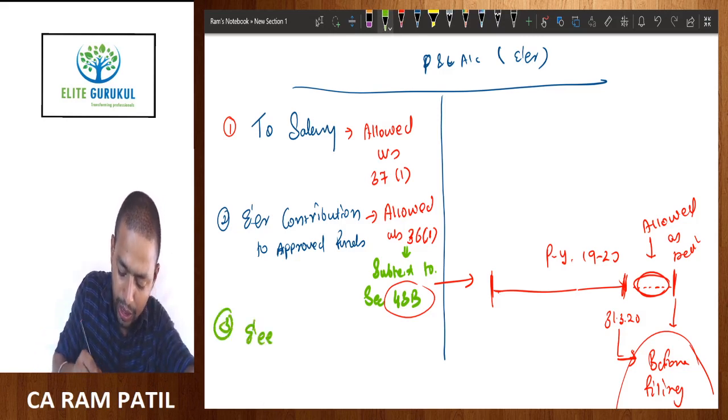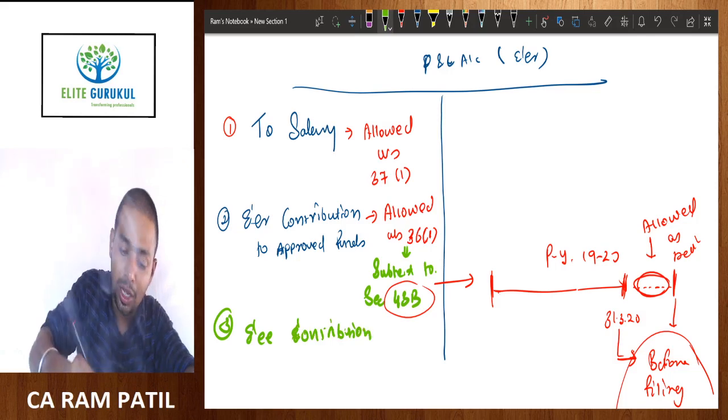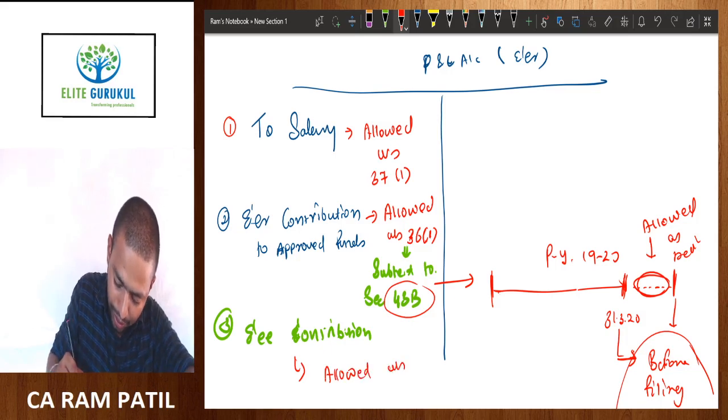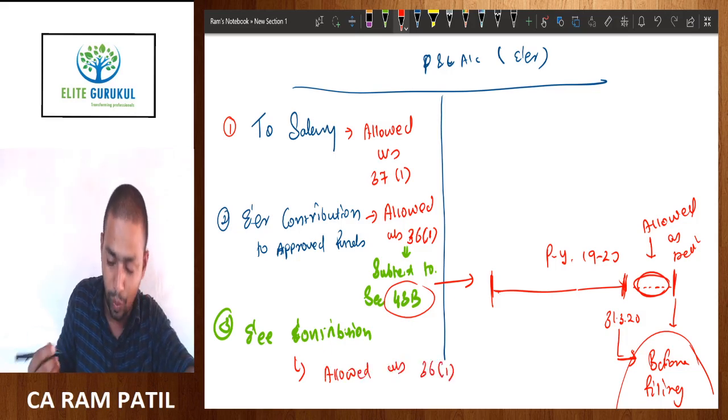Now the third and most important point here is employees contribution. Why is it allowed as a deduction? So employees contribution is allowed as a deduction or not allowed as a deduction? Yes, it is allowed as a deduction. Allowed under section 36 subsection 1.